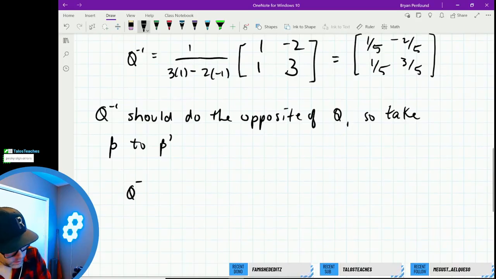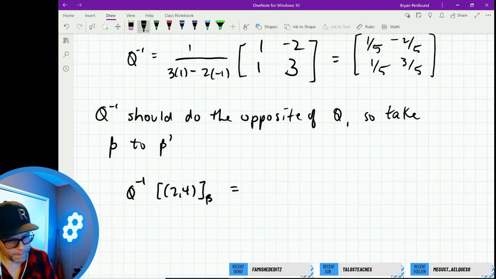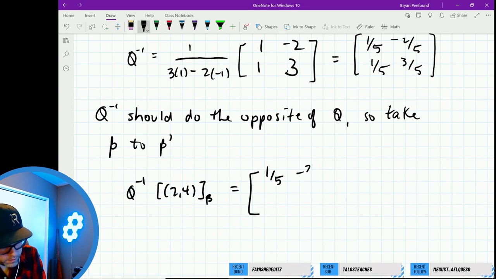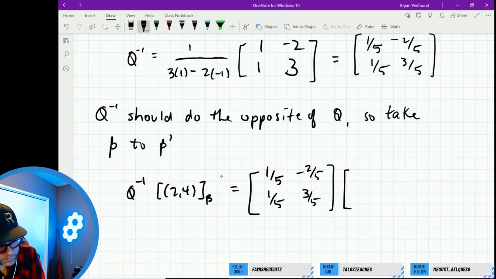So this would be [1/5, -2/5; 1/5, 3/5], and this particular coordinate vector should be (3, -1).